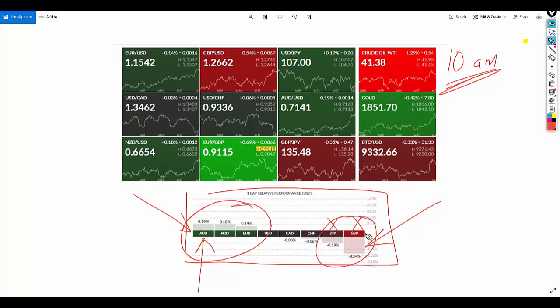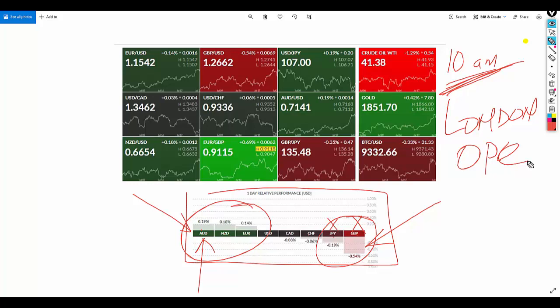Now, remember, what time am I checking? I'm checking at 10 a.m. South African time, and 10 a.m. South African time is when the London market opens. In that case, what am I going to do?